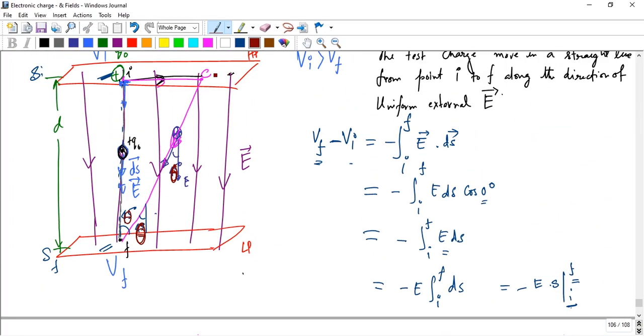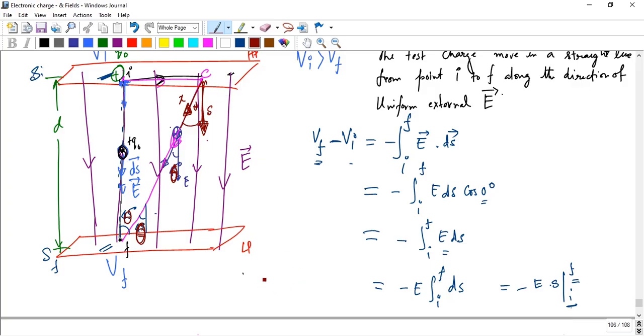We need the component part. The angle is theta, that is the hypotenuse, that is the base. Suppose the base is s and the hypotenuse is the unknown x.